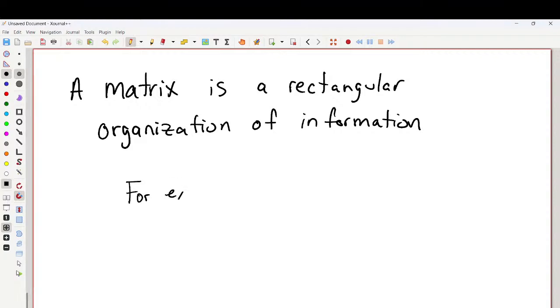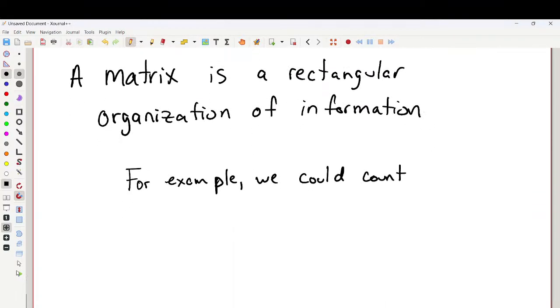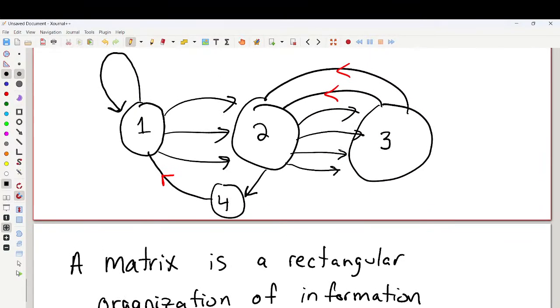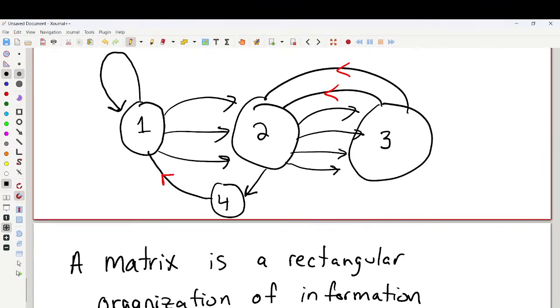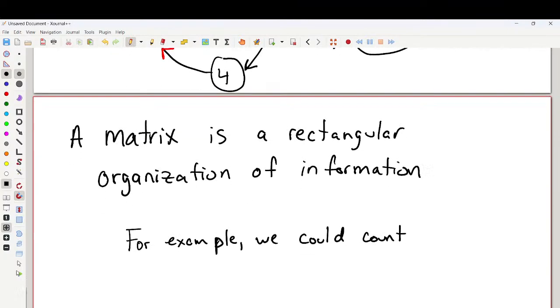For example, we could count, let me just get one thing right here. I'm actually going to use this diagram. We'll use it on the fly. We're going to count all the paths here. We're going to organize all the paths here.